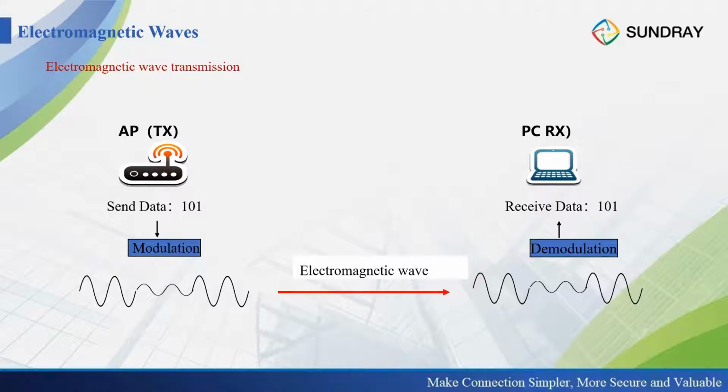Electromagnetic wave transmission is the wireless. We use these waves to carry the data we want to send from one transmitting device. From the AP, for example, we generate the data and do the modulation, and this data is carried by what we call electromagnetic waves through the air.